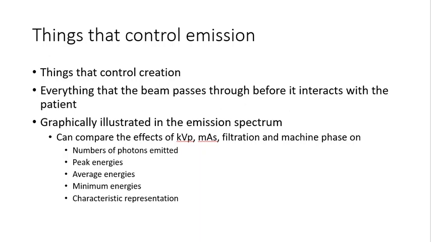It affects the minimum energy only in the filtration. It affects whether or not we have a characteristic spectrum. If the kVp is not above 69 kVp, then we don't see any characteristic spectrum. The numbers, though, are affected by pretty much everything: kVp, mAs, filtration, machine phase.